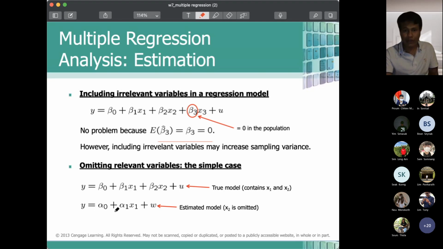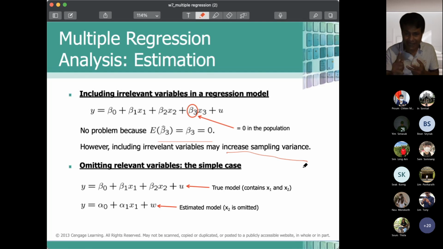However, when you include an irrelevant variable, it may increase the sampling variance. Remember, I always told you from simple linear regression that you need to obtain an unbiased estimate and an unbiased variance or standard error of the estimate.